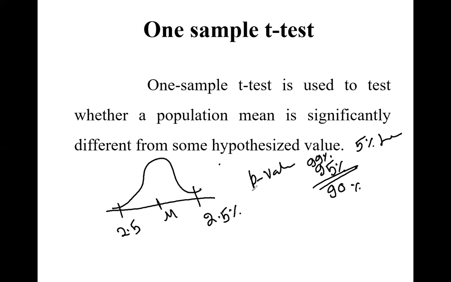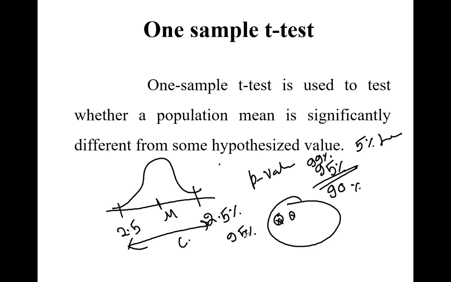5% means when we take 100 samples from the population, like x1 bar, x2 bar, 95% of the samples will lie within this range. It's a confidence interval.